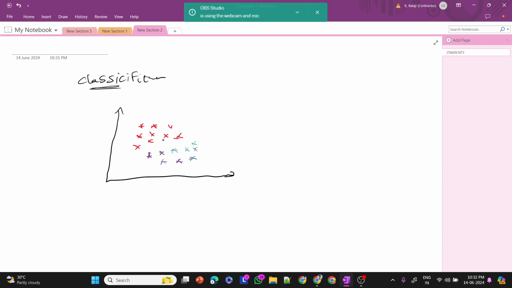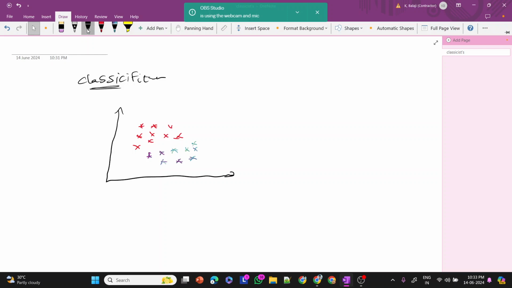Both of these data points belong to one of the classes. These data points represent one class, and these data points represent another class.